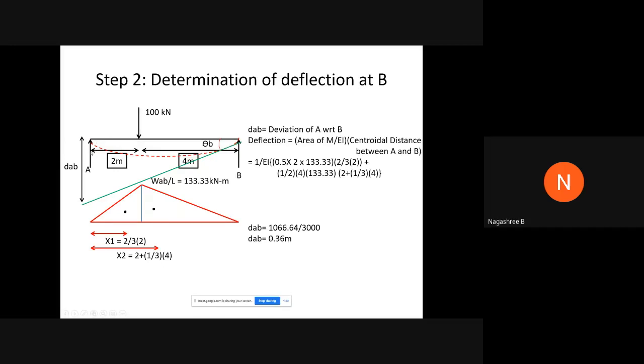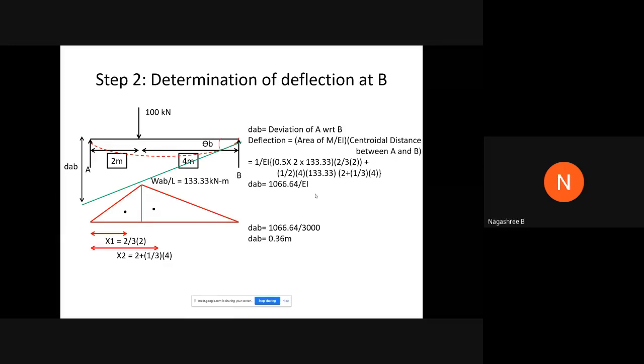Here 2 is the distance from A to the blue color line, and then we add from this line to the centroid, which is 1/3 of the span, that is 1/3 of 4, plus the remaining distance of 2 meters. After substituting and calculating, we get the value of DAB as 1066.64 divided by EI. Are you getting the same value, all of you?